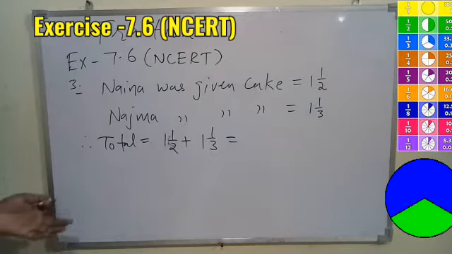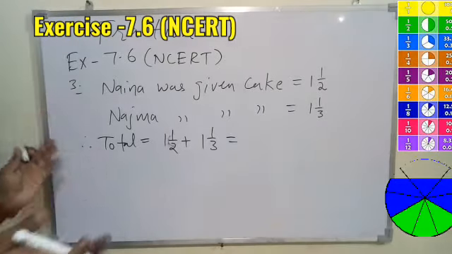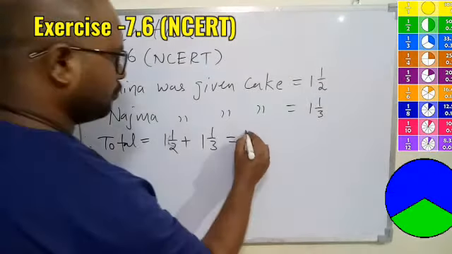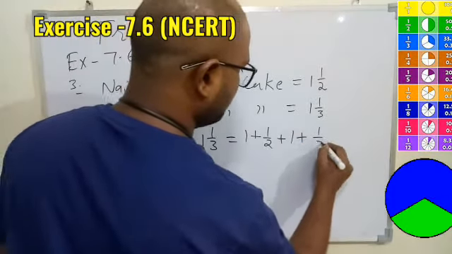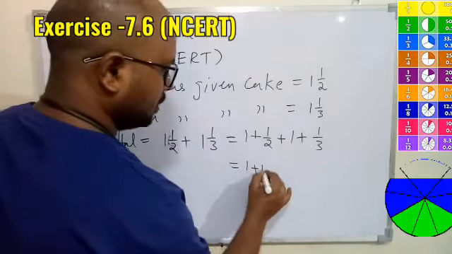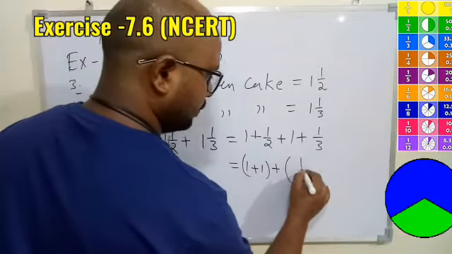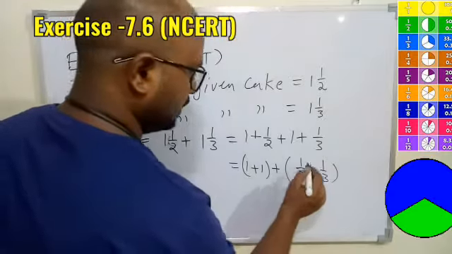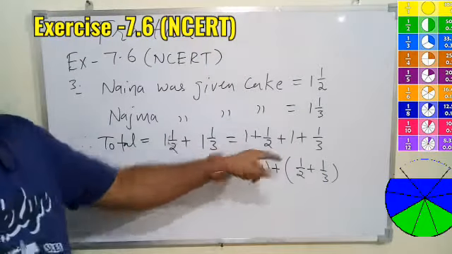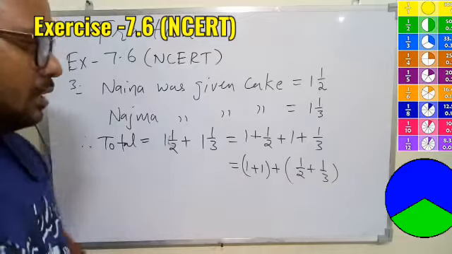Total cake will be this much, that is given to Naina and Najma together. So this will be 1 plus 1/2 plus 1 plus 1/3, 1 plus 1 plus 1/2 plus 1/3. So I hope you understood 1, 1, 1/2, 1/3.